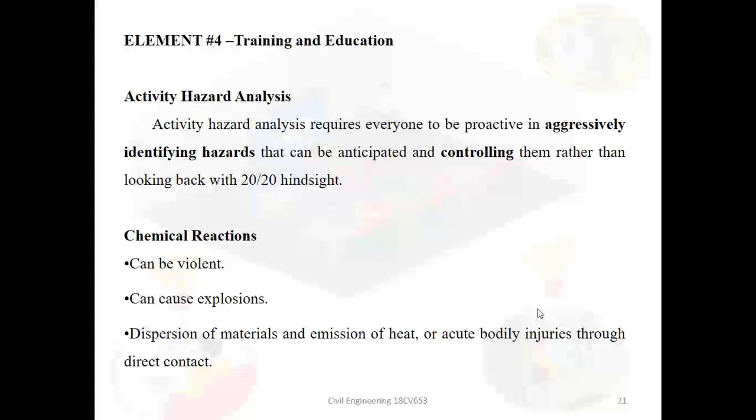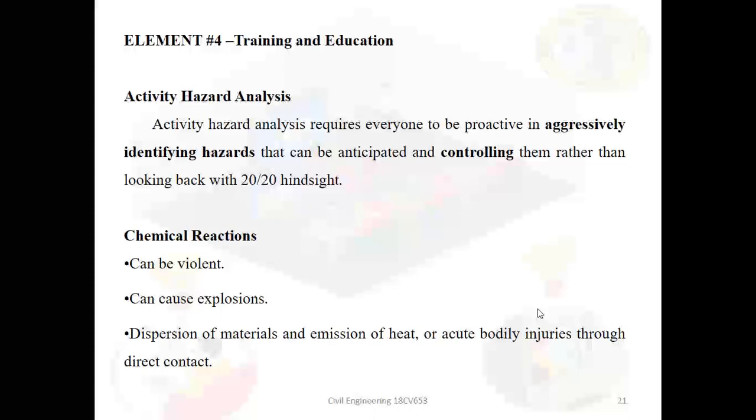That means everybody should be proactive in identifying where the hazards are happening, so that they can be anticipated and controlled, in a definite way, rather than in hindsight.